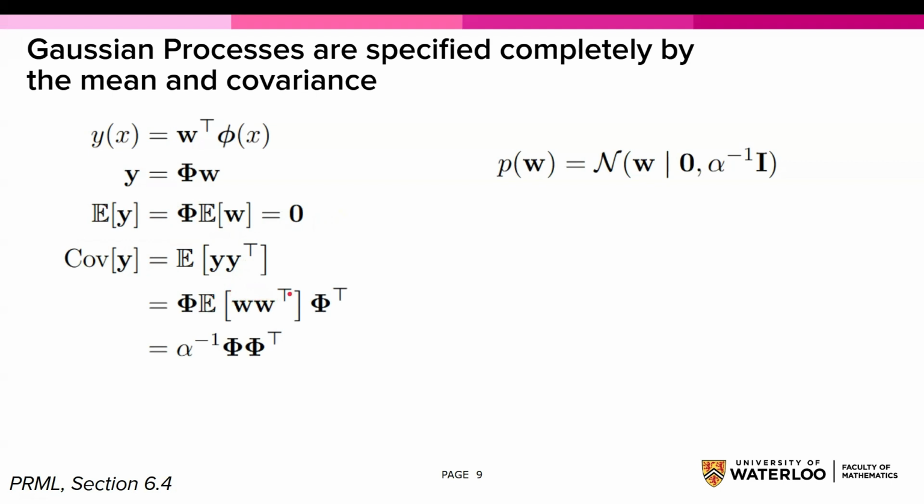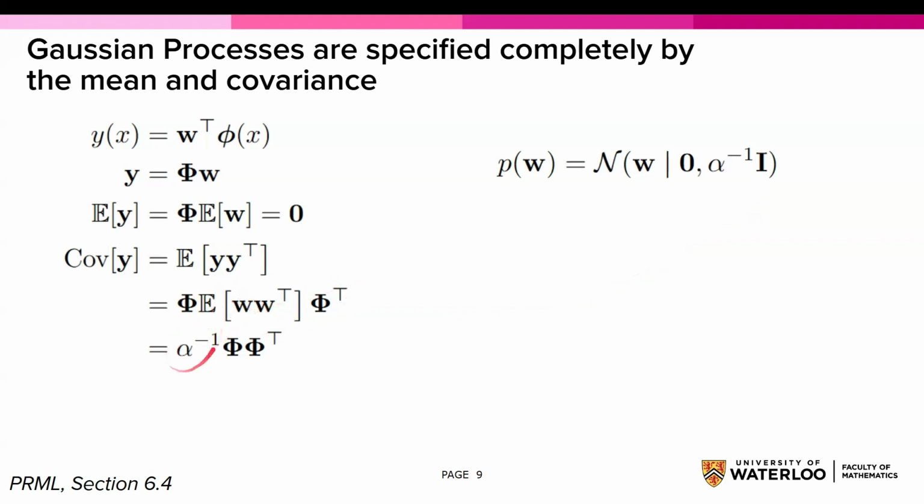But the expected value of w w transpose is only going to have the effect of scaling the resulting covariance matrix by our assumed precision, because we assumed that the covariance of the weights was the identity matrix. And so we're multiplying the identity matrix by phi transpose, which is not going to do anything.